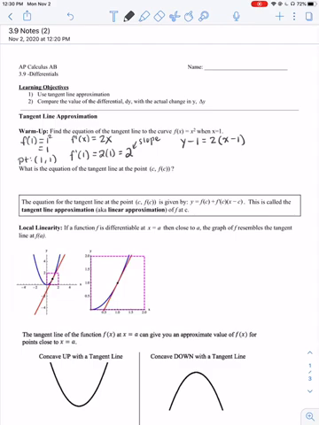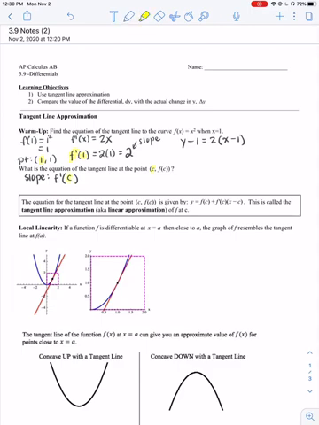And taking what we did up here, we just took the derivative and we plugged in the x value. So here the slope will be represented by the derivative evaluated at the x value c.